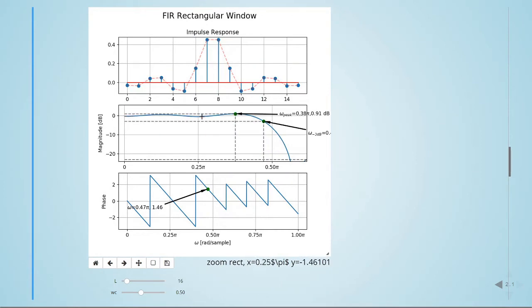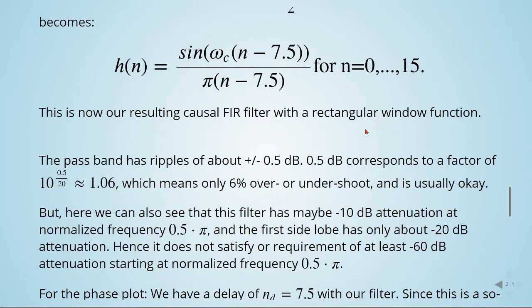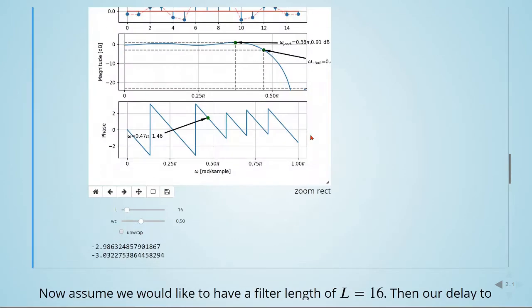So we see the ripples in the pass band, and they are more or less plus or minus 0.5 dB, corresponding to a factor of 6% over or undershoot, and that's usually okay. But we can also see that this filter has maybe minus 10 dB attenuation, and the first side lobe has only about minus 20 dB attenuation.